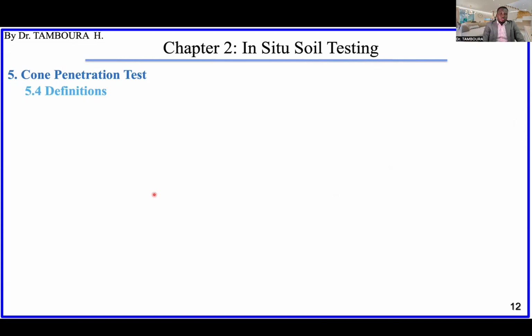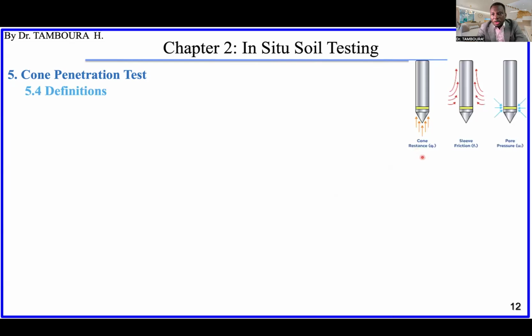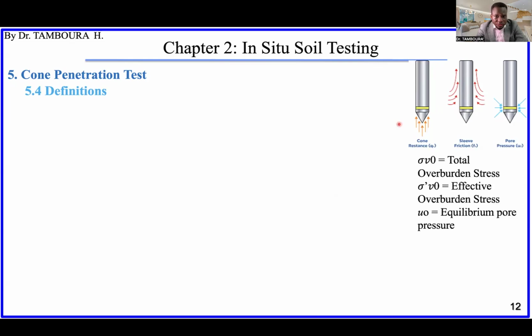Okay, we are going now to see some definitions that will help us a lot. I will put this figure here because the rest of the chapter will depend on the definitions we will give. In all the following definitions, sigma V0 is the total overburden stress.